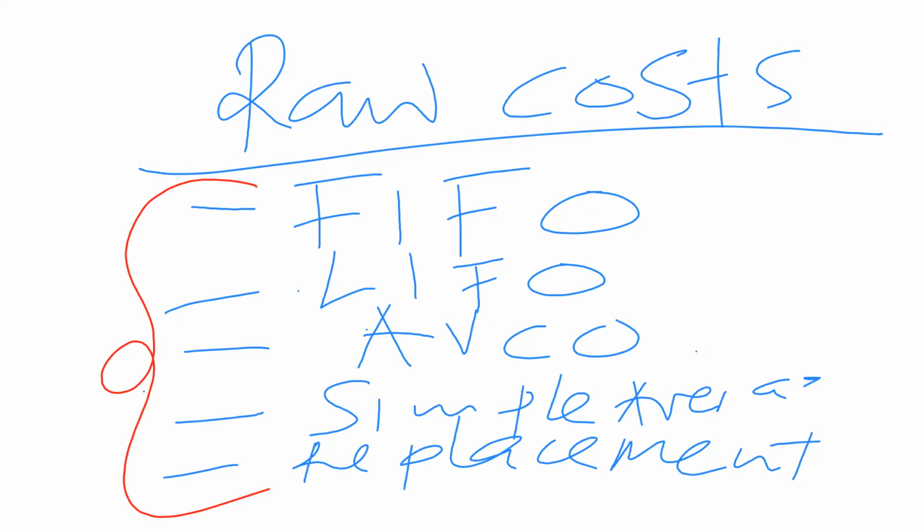The first one, I'm just giving you the gist of what you're going to be doing, is called the first in, first out method. This is where you begin by issuing out the inventories that came first into the storehouse.